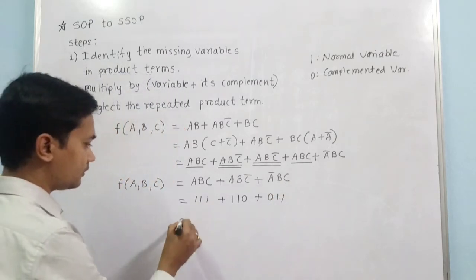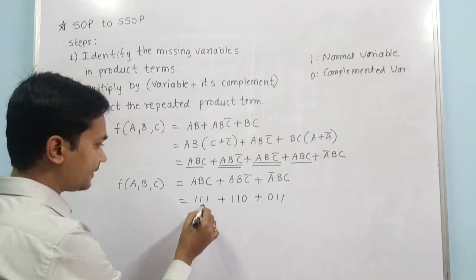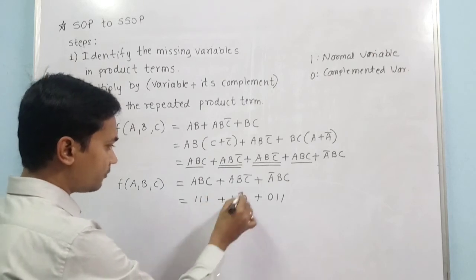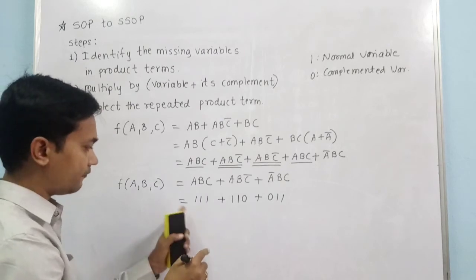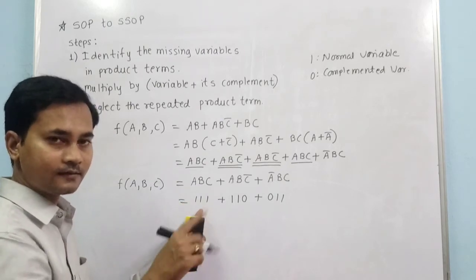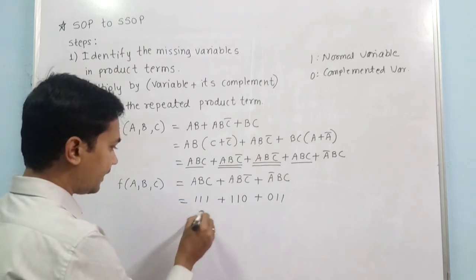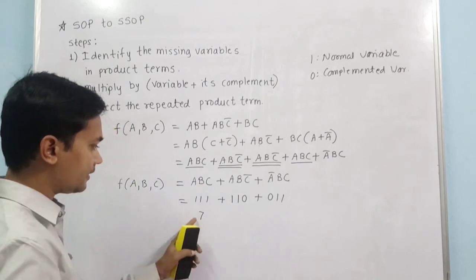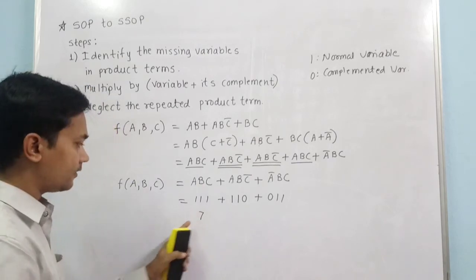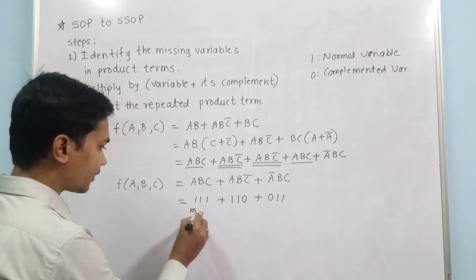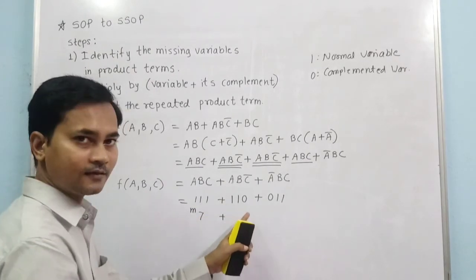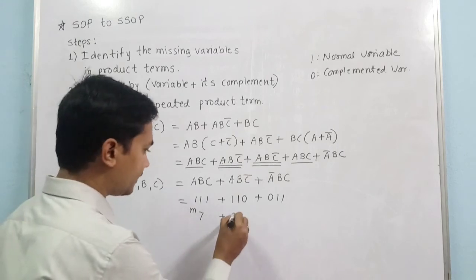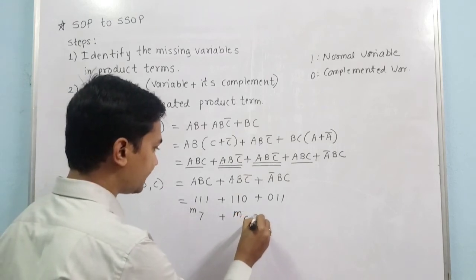Now find the decimal equivalent of these binary combinations. 111 in decimal is 7. We don't write only 7, we write small m suffix 7, plus 110 means 6 in decimal, so m6.